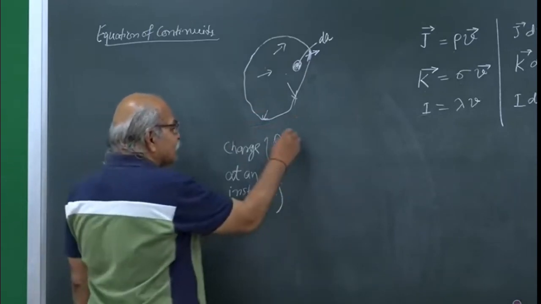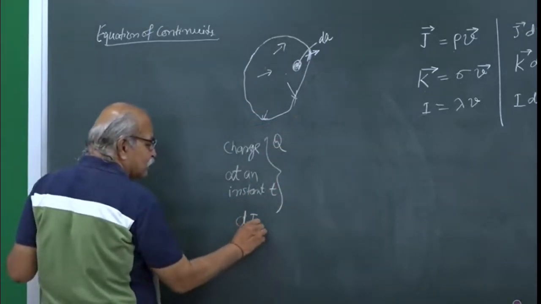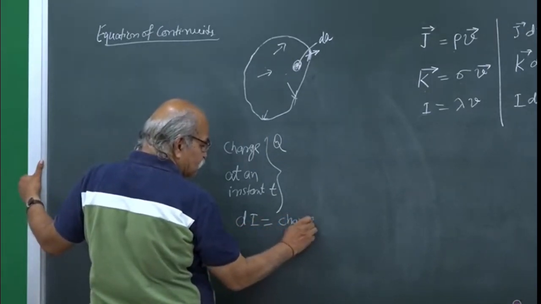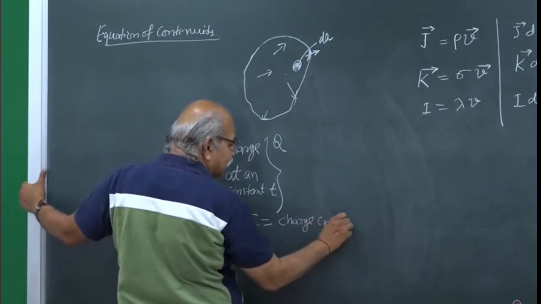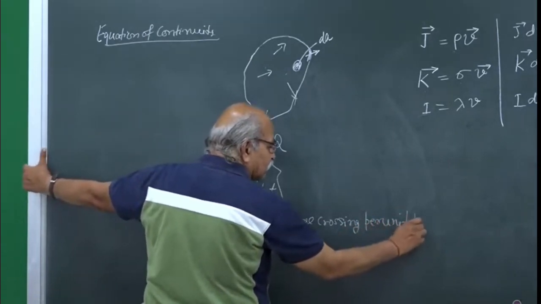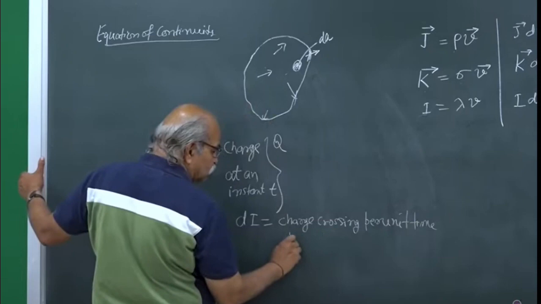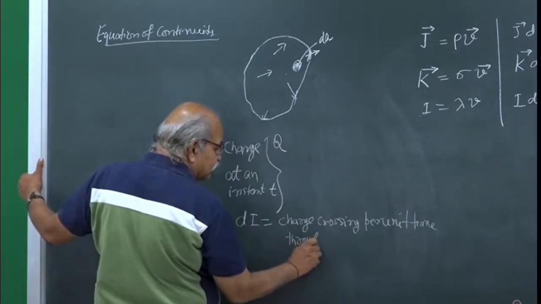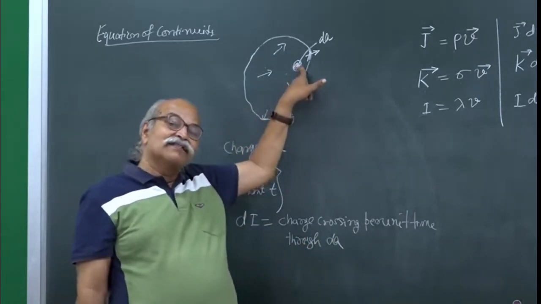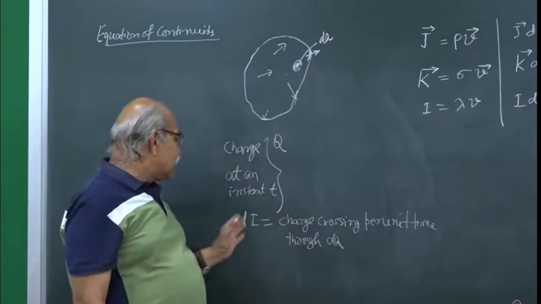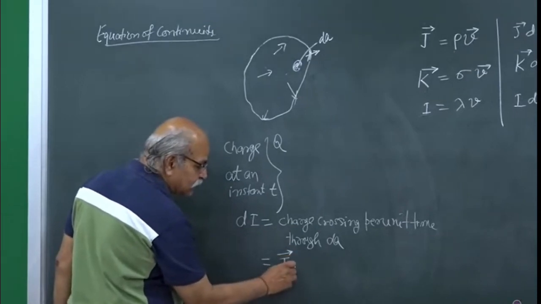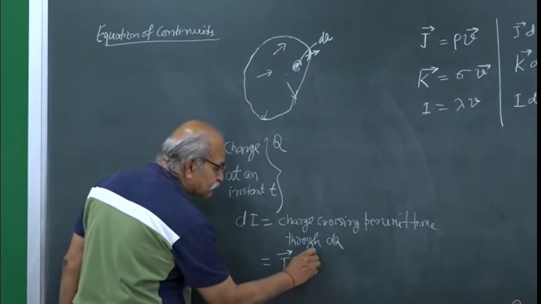If I call that dI, what is dI? dI is the current, or the charge crossing per unit time, that makes it current, through this particular dA that we have chosen on the surface of this volume. So how much is that dI? That dI will be J, the volume current density, dot product with the dA vector.